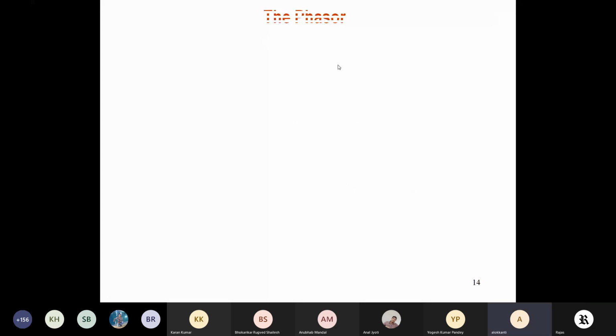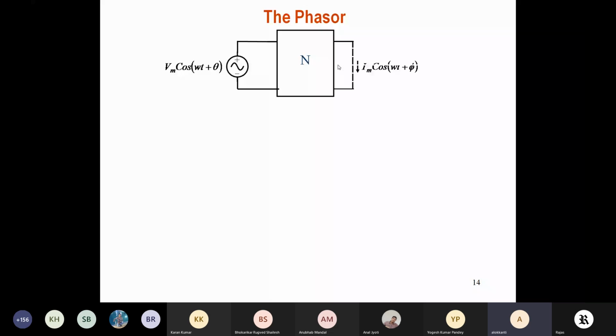Okay, so next thing is the phasors. We have done this, that if the voltage input to a network is Vm cos omega t plus theta, then there is a corresponding output, a current in some branch, Im cos omega t plus phi. This can be your typical voltage equation. Both the voltage and current are of the same frequency, omega t. Omega is the same for both.